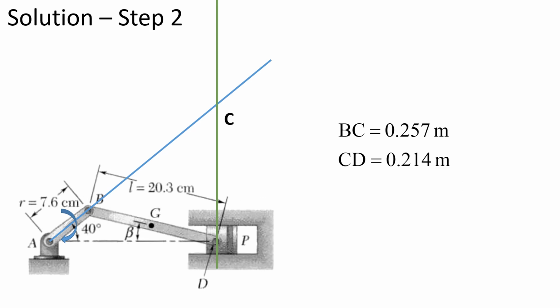The instantaneous center of rotation of connecting rod BD is at C, which is the intersection of the perpendiculars to the velocities through B and D. Now measure BC, which is 0.257 meter, and CD, which is 0.214 meter.